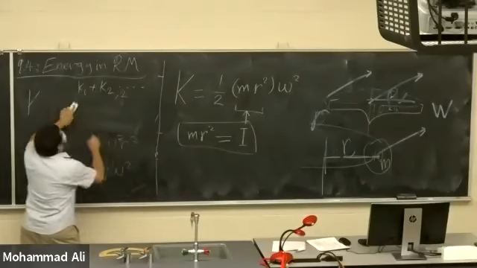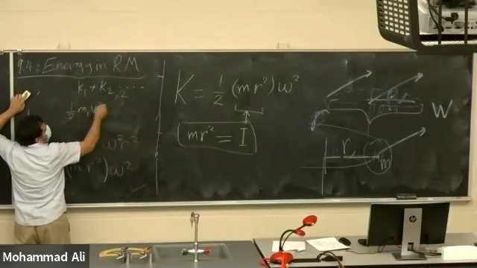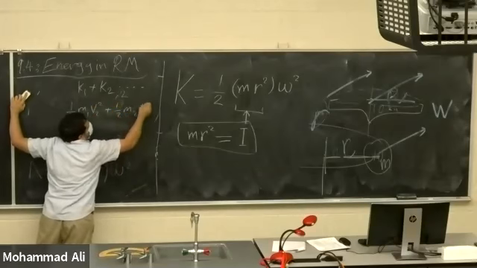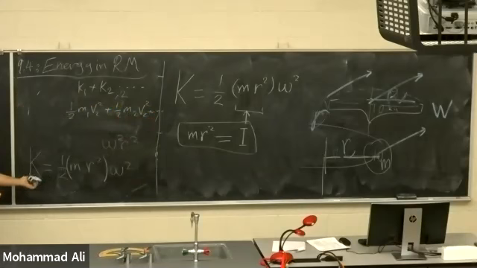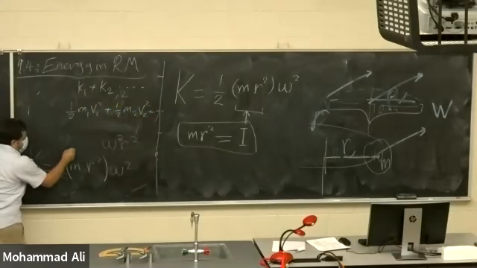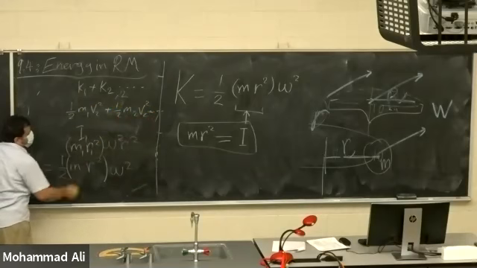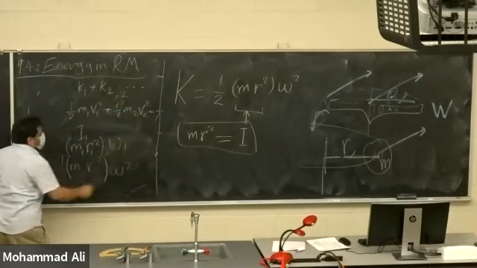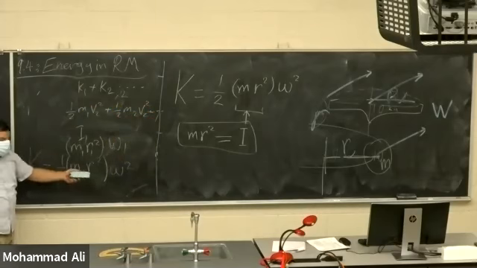The kinetic energy for the same mass is 1/2 m1 v1 squared plus 1/2 m2 v2 squared, and so on. But for this, it is the same also. We have m1 r1 squared, which is I1, multiplied by omega 1. If we have another object, then we have m2 r2.